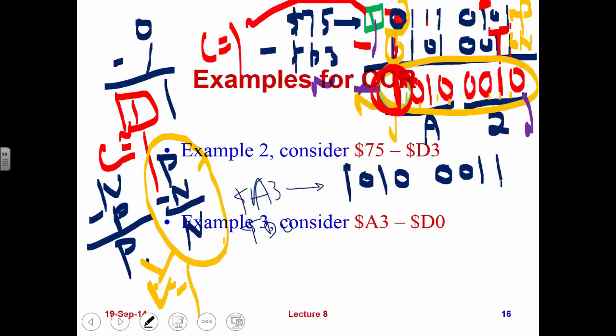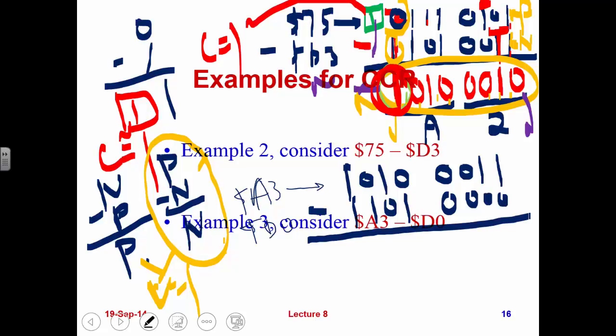Subtracted by D0. D is 1, 1, 0, 1. And 0 is 0, 0, 0, 0.